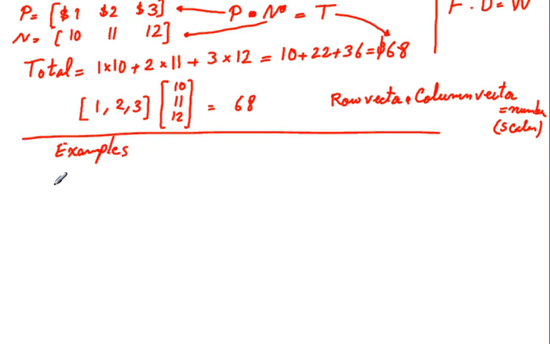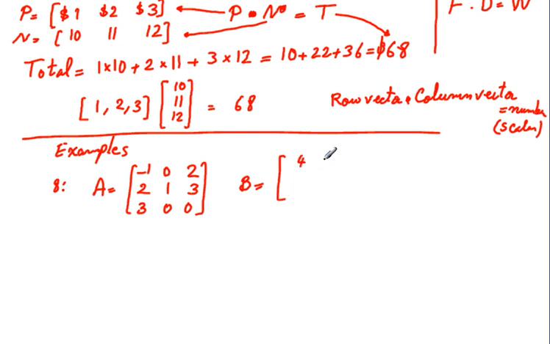So problem 8, it says, suppose I have a matrix A which is -1, 0, 2, 2, 1, 3, 3, 0, 0, and I have a matrix B which is 4, 0, -1, 3, 2, 0, 0, 2, -4.